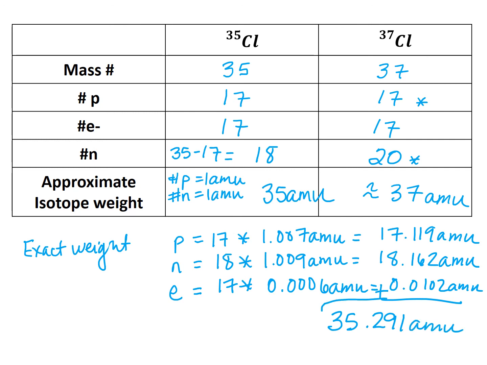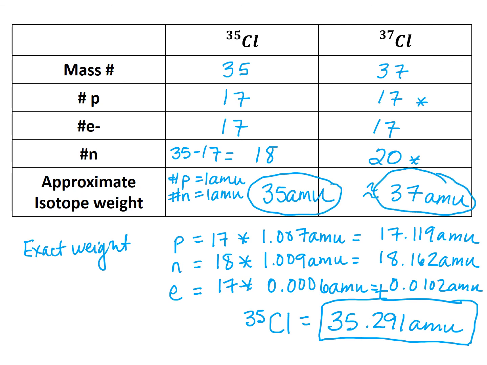Okay, so that's the exact weight for chlorine 35. And so that's why sometimes a problem will give you the exact weight, but I just find it a little bit easier to work with these smaller numbers. So we're just going to work with these approximate weights as we go through the problem, just for simplicity's sake.